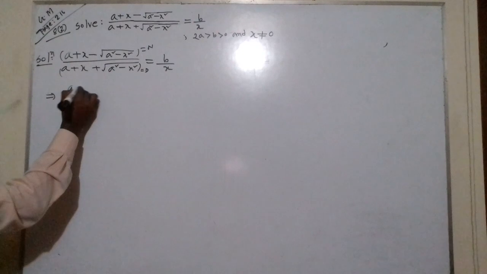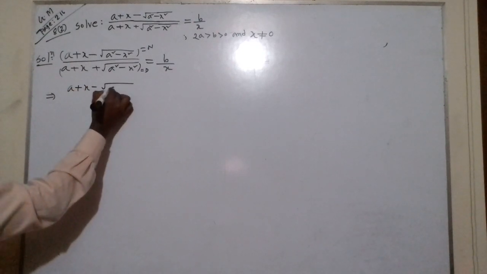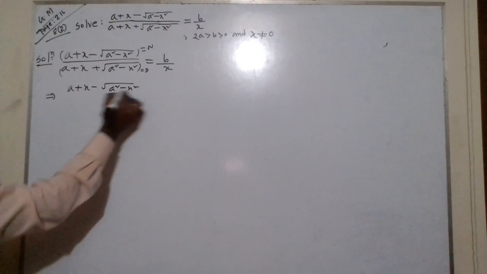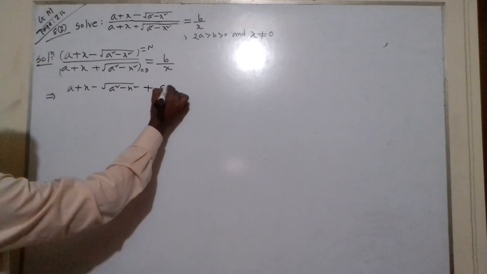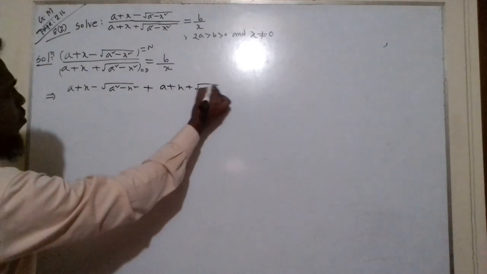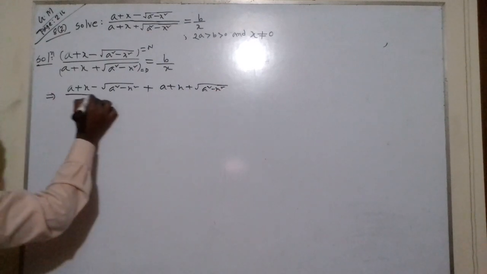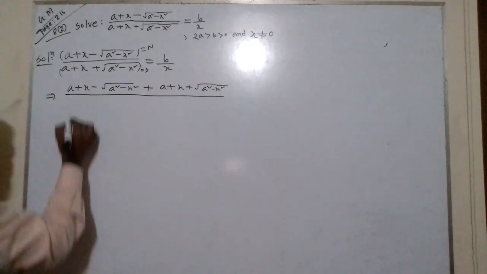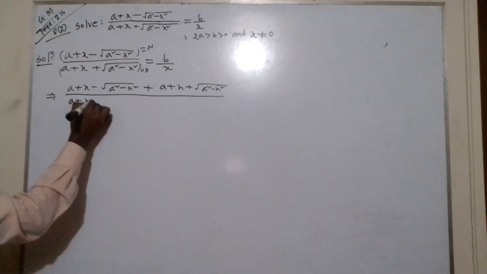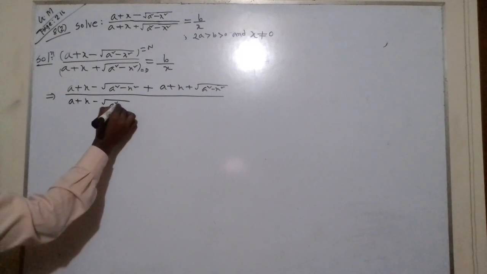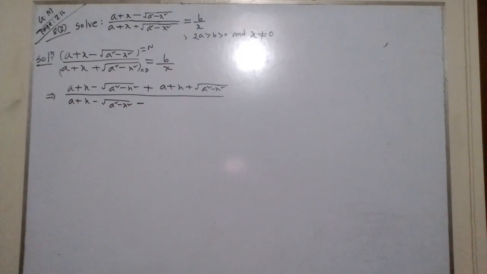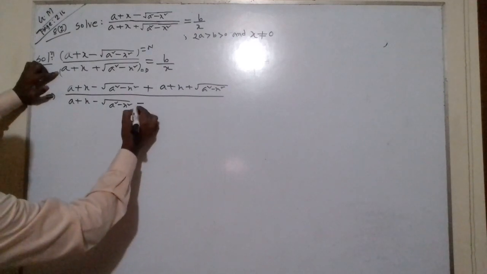So we can write a plus x minus root over a square minus x square plus a plus x plus root over a square minus x square, divided by a plus x minus root over a square minus x square minus a plus x plus root over a square minus x square.